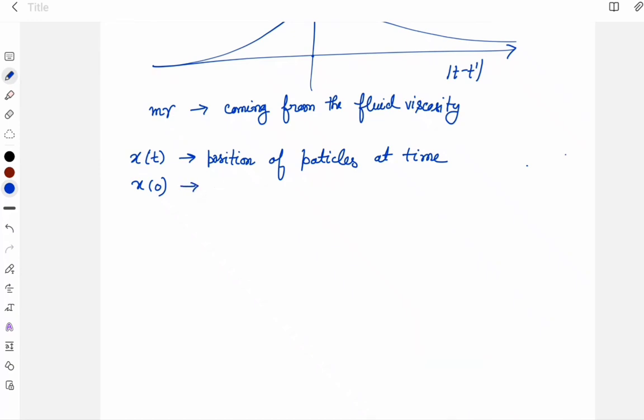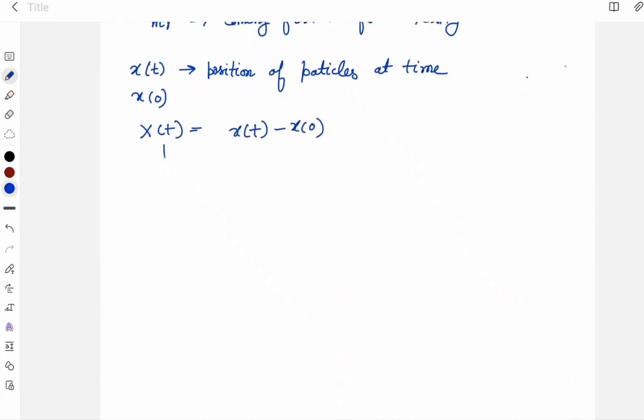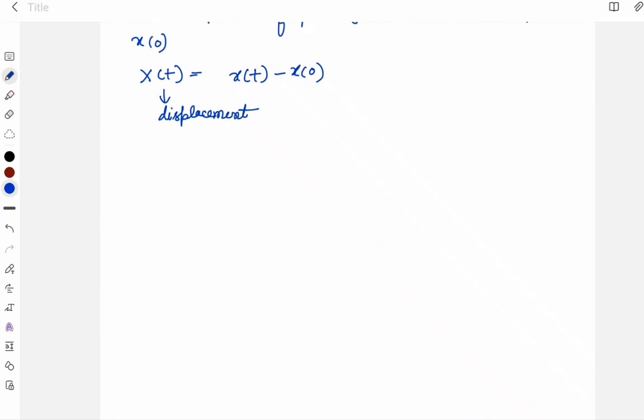Then the displacement vector, let us define it with capital X of t, is small x of t minus x0. This is the displacement. From intuition, or you can derive it also, the mean displacement will again be 0.